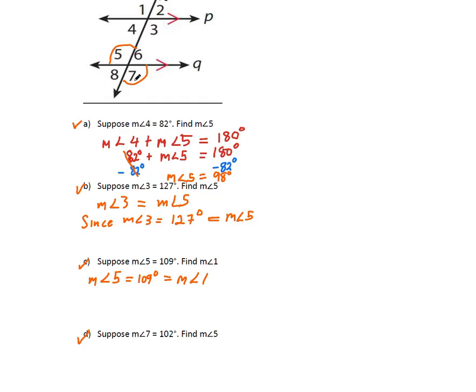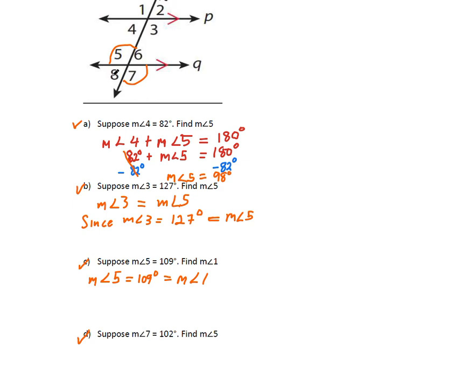They are vertical angles. Vertical angles are angles that are across from each other in situations where two lines intersect. For example, we see here that the transversal intersects line Q, and these two angles 7 and 5 are across from each other, so they are vertical angles.